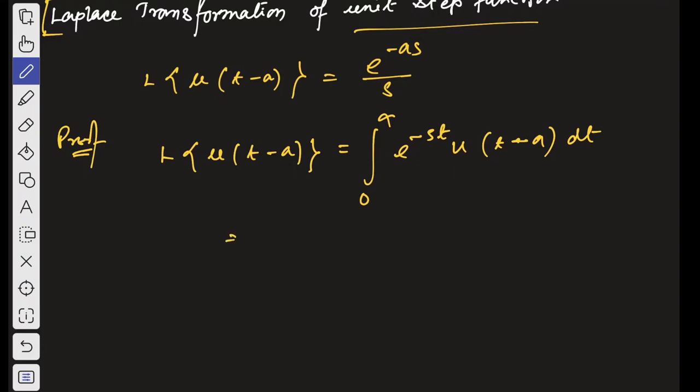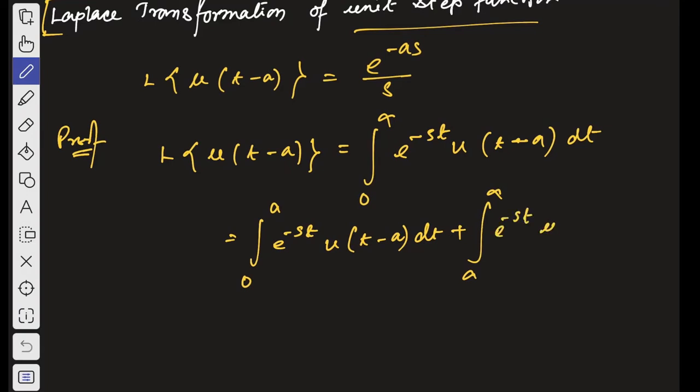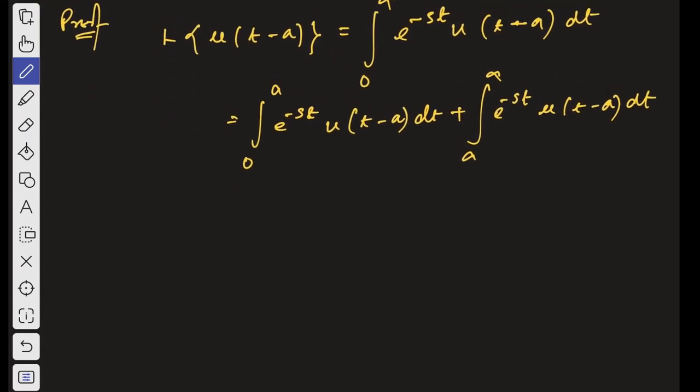Now you can split this integral: from 0 to a, e to the power minus st u of t minus a dt, plus integration from a to infinity e to the power minus st u of t minus a dt, right? You can write it like this.